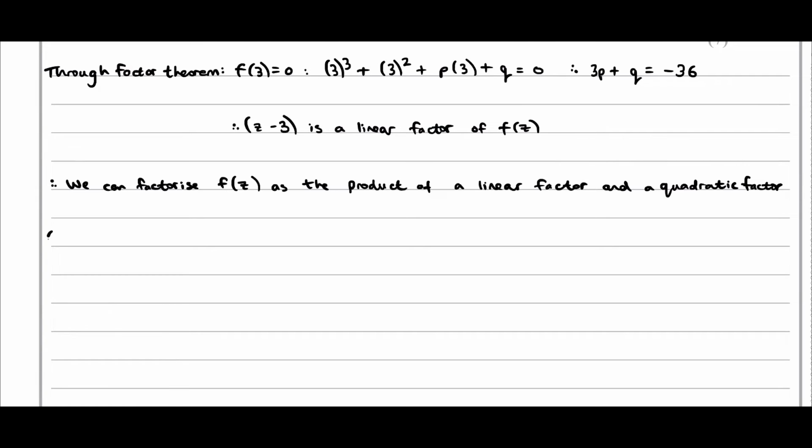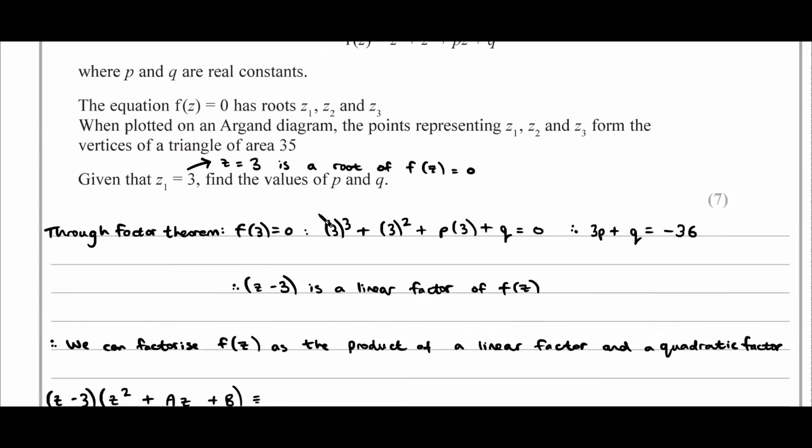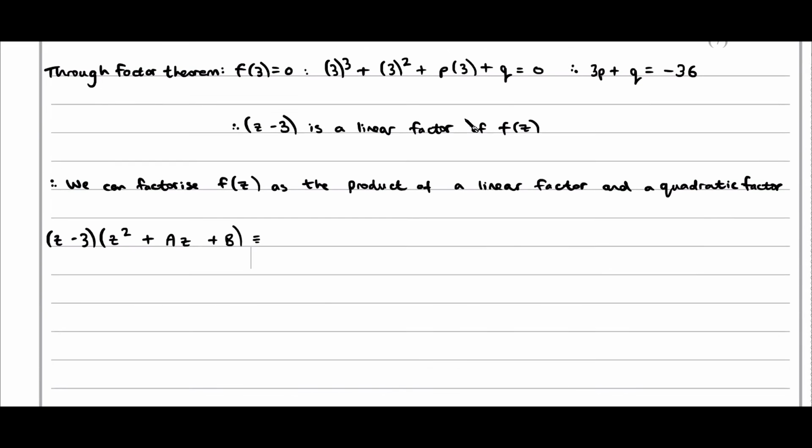We have z minus 3, our linear factor, multiplied by some quadratic, z squared plus az plus b. And if we multiply our linear by our quadratic, we end up with a cubic. Our cubic in this case is z cubed plus z squared plus pz plus q.